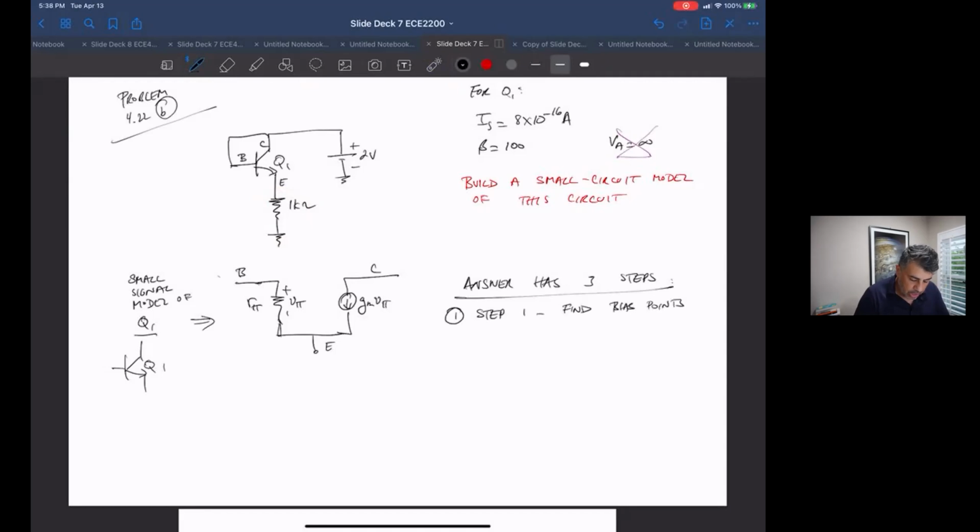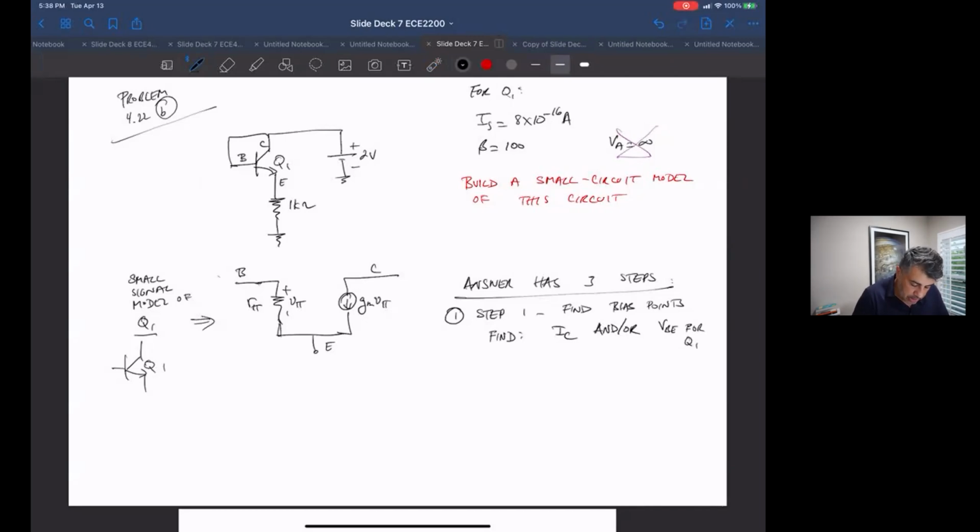To figure out these parameters, and I'll talk about this in a bit, we need to figure out essentially how much current is running through this device, the way it's connected up. So we need to find I sub C and or VBE for Q1. So that's step 1. You figure out what's I sub C and all the voltages of this device.